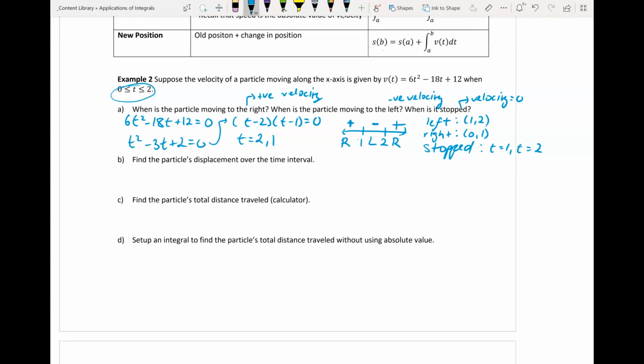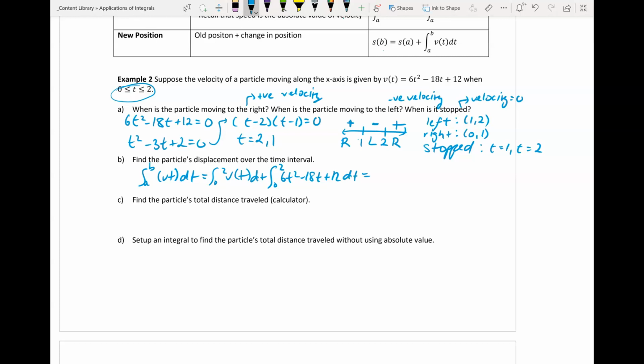So according to our chart, we find displacement by the integral from a to b of v of t dt. Our time interval in this case is from 0 to 2. And we know v of t is 6t squared minus 18t plus 12 dt.